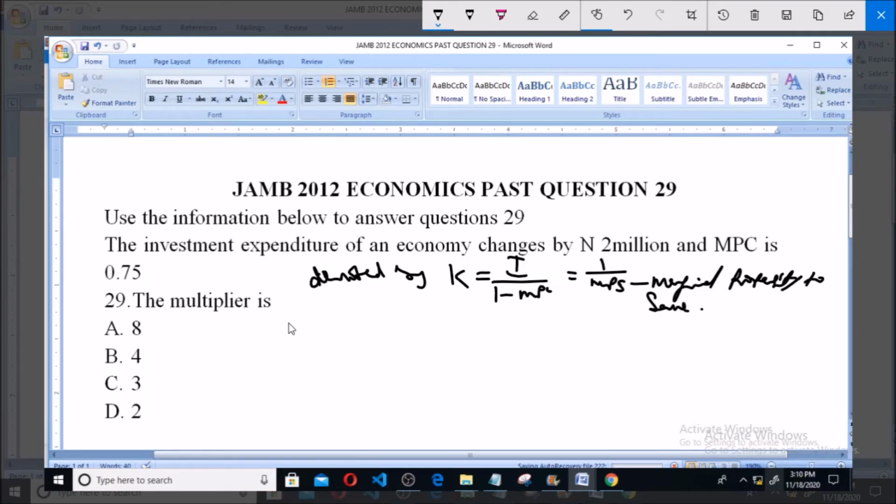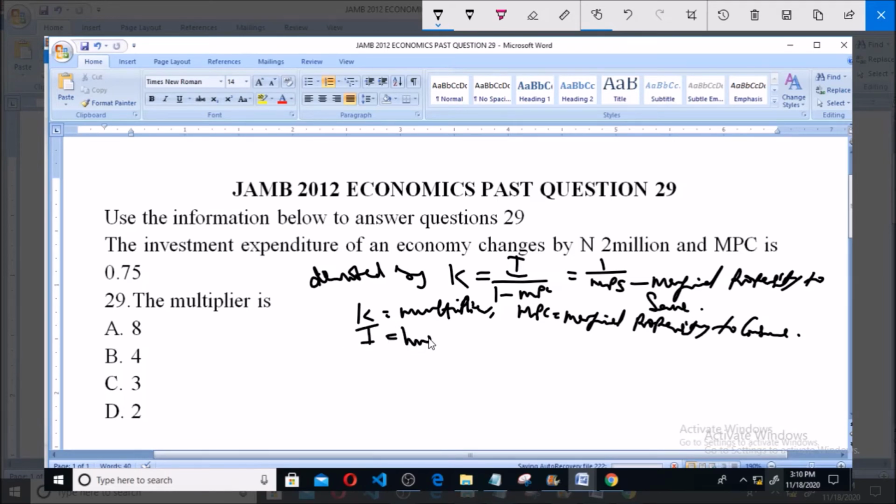Now our K is the multiplier, MPC is marginal propensity to consume, and I is investment.